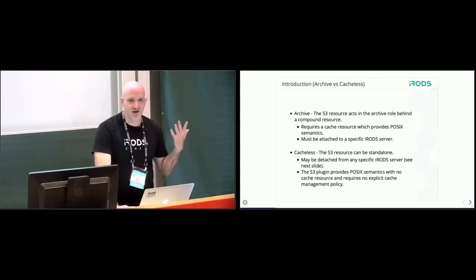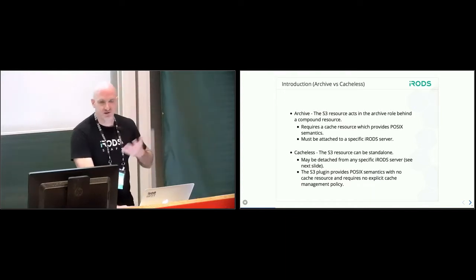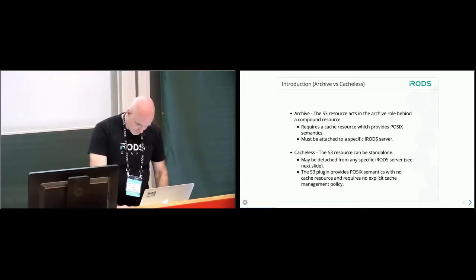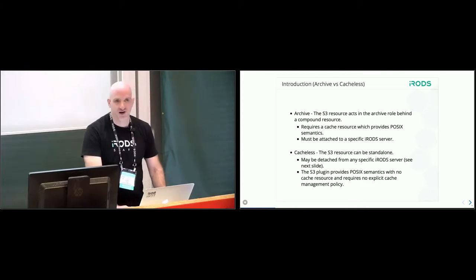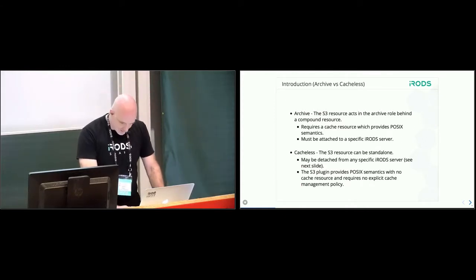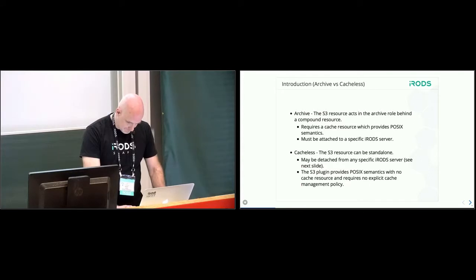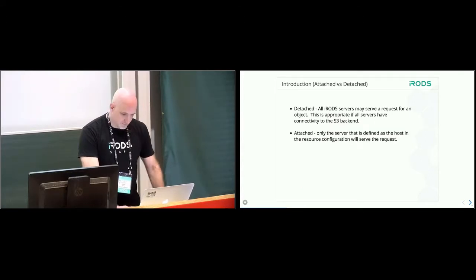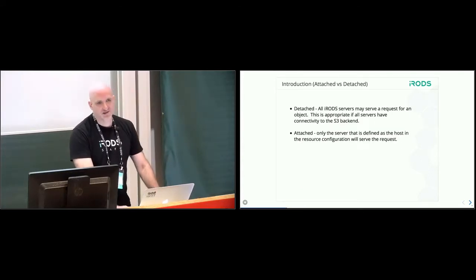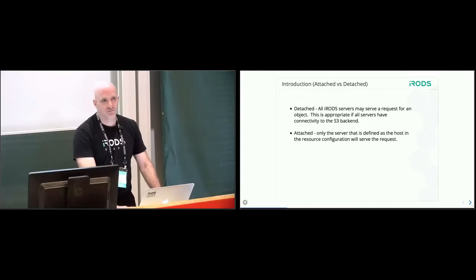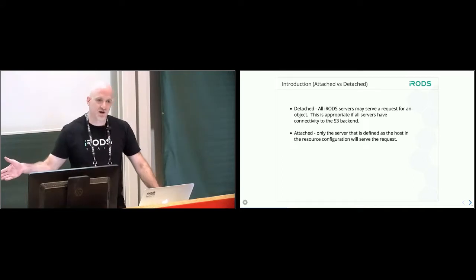Essentially every server could, if you chose to, serve up the request for a data object. And in the Cacheless one, the S3 plugin itself provides the POSIX semantics. And detached and attached, again, detached just means that it's not pegged to a specific server.